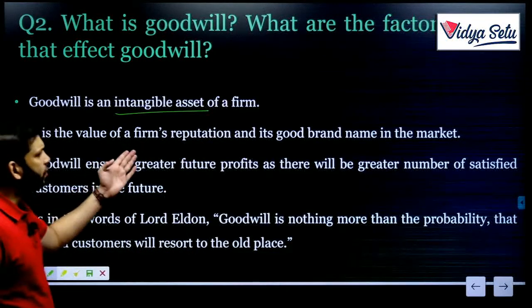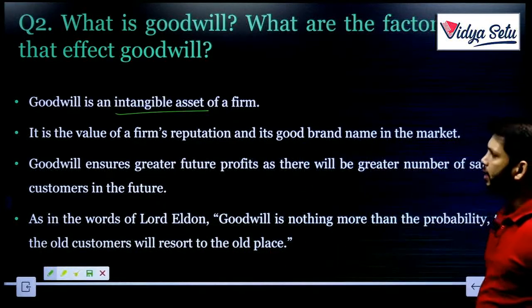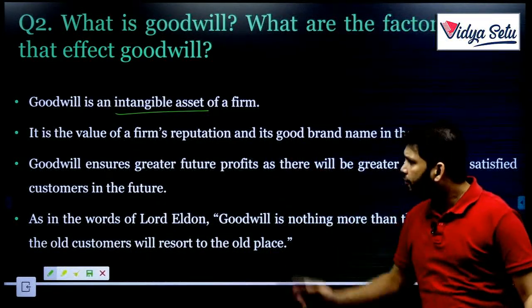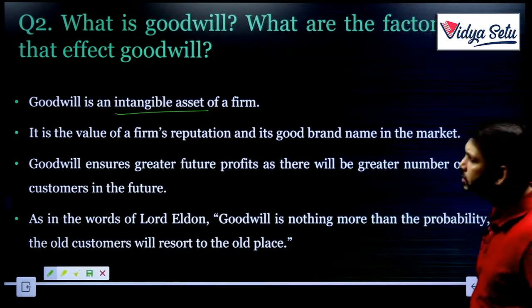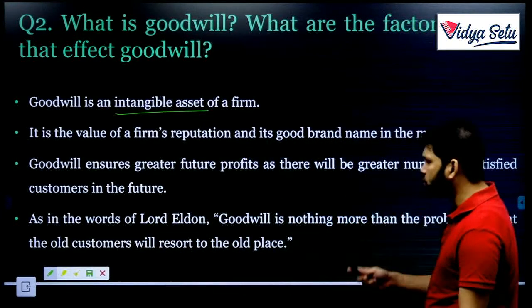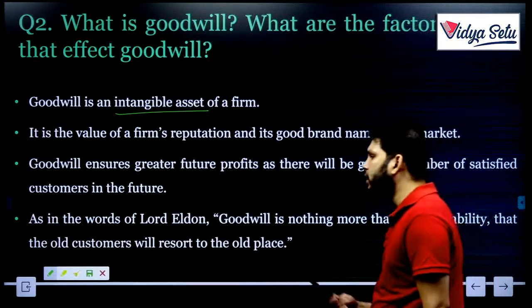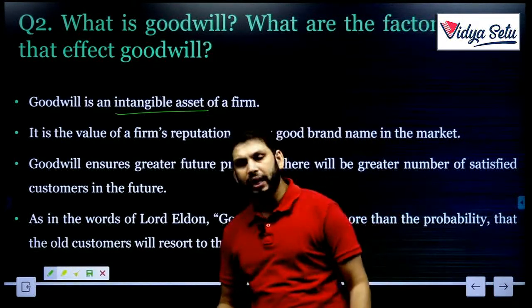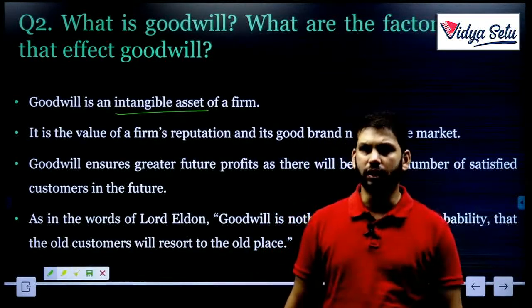It is the value of the firm's reputation and good brand name in the market. Goodwill ensures greater future profits, as there will be a greater number of satisfied customers in the future. In the words of Lord Eldon, goodwill is nothing more than the probability that the old customer will resort to the old place. So old customers will keep on coming to us, and that's the goodwill of the firm.